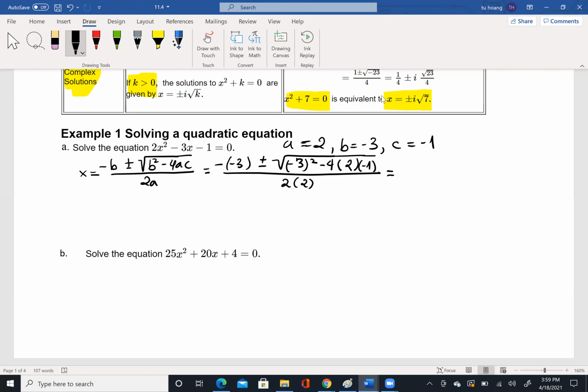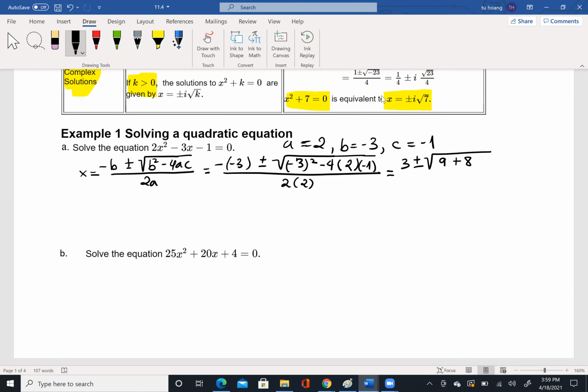Okay, so then I have negative negative 3 is going to be positive 3, and then plus minus 4. You can use a calculator to find the number inside over here, but if you want to do it by hand, you have negative 3 squared, which is 9, and then minus 4 times 2, which is 8, and times negative 1, it's going to be positive 8.